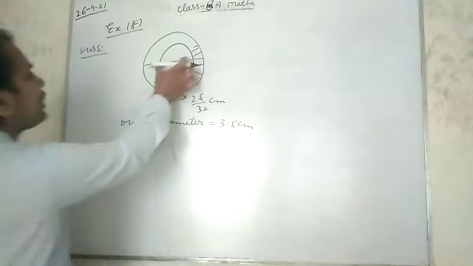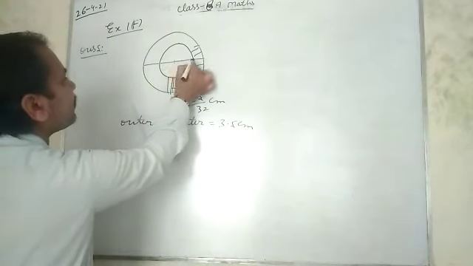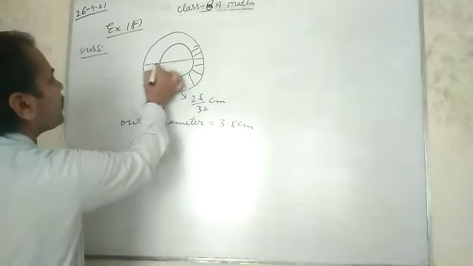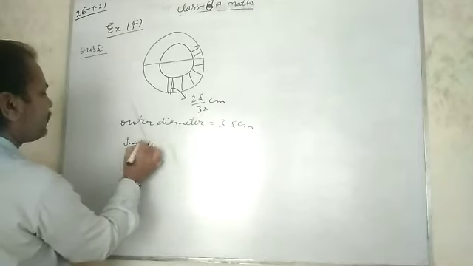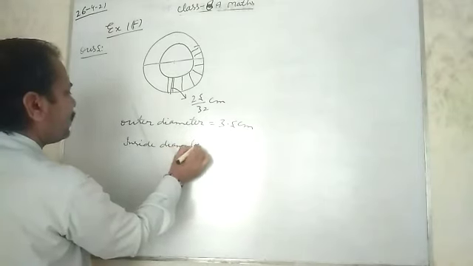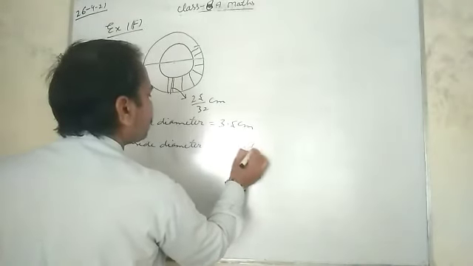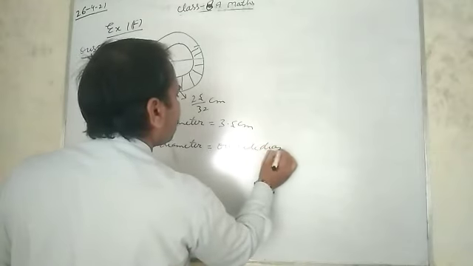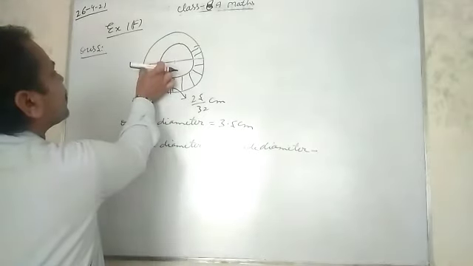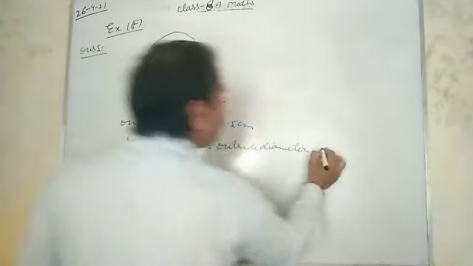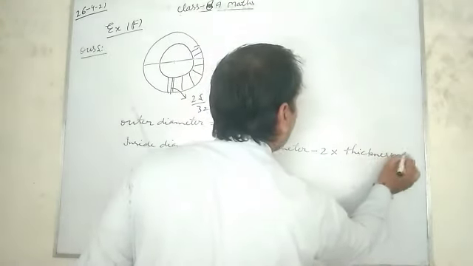So inside diameter is this, you see here, and outside diameter is this. So inside diameter is equal to outside diameter minus thickness on this side and that side, so 2 into thickness of the wall.